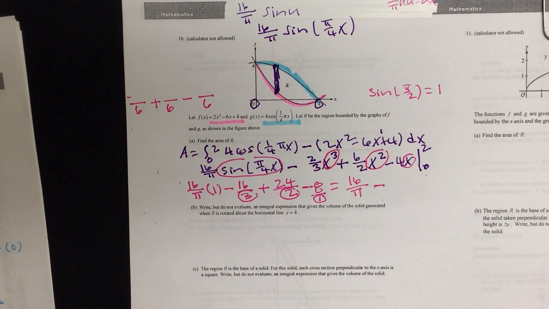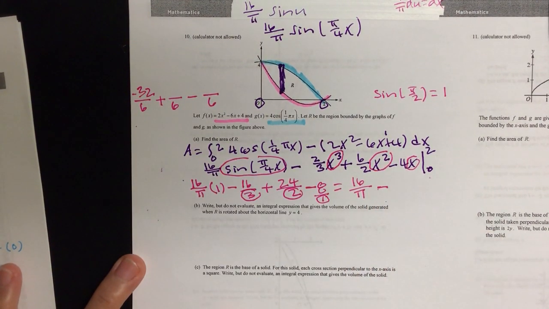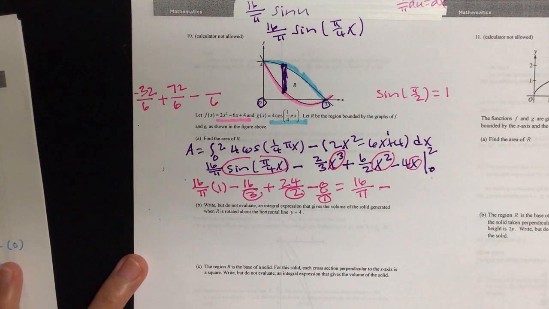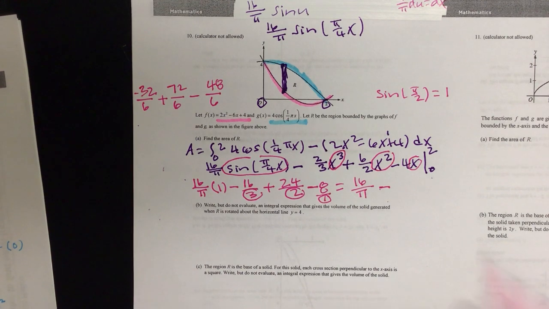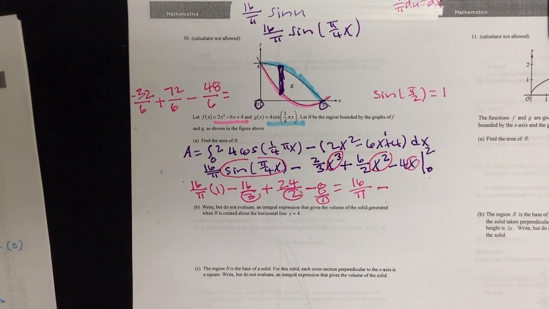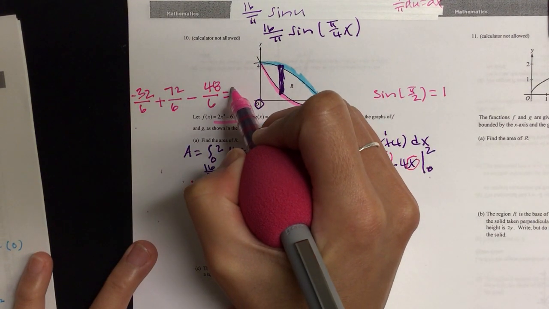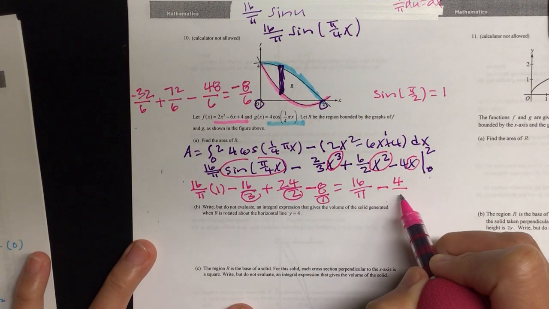What's going to go on the top of the first fraction? 32. Thank you. Second fraction? 72. Third one? 48. Now that we have a common denominator, let's combine the top. Negative 32 plus 72, isn't that 48? Not 48, 40. And then minus 48 is going to give us negative 8 over 6. So we get negative 4 over 3.